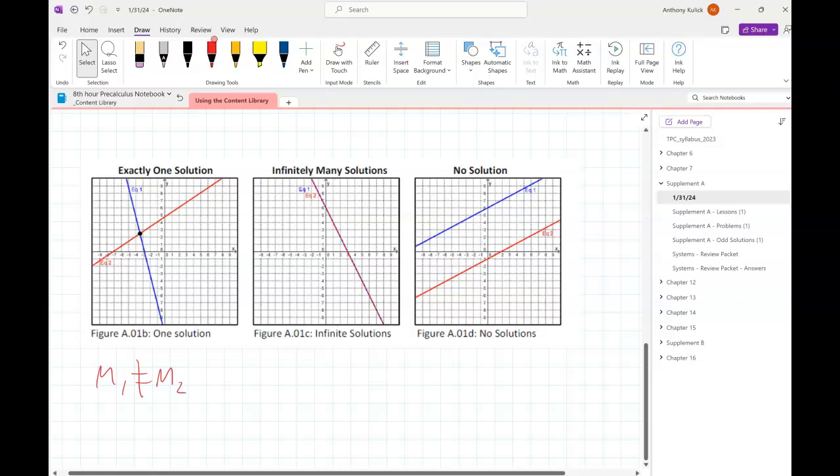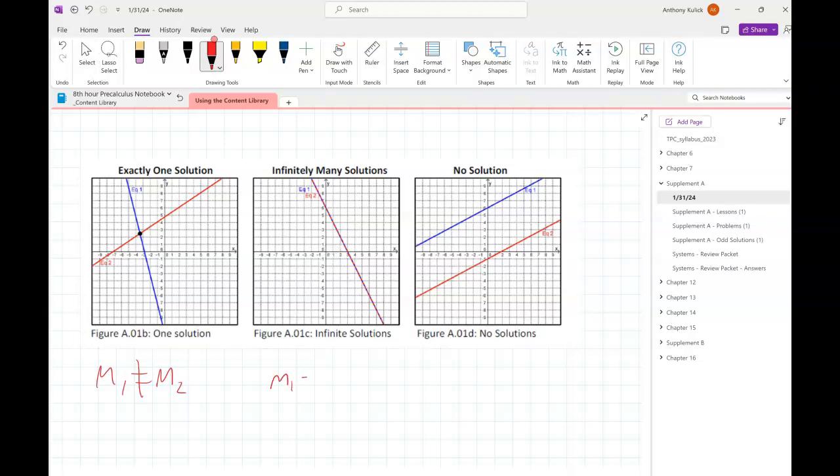Everybody's okay? If I have 2 lines that are just overlapping like this, it meant they're the same line, right? So the slopes have to be the same, and the y-intercepts have to be the same. Everybody good with that? If they're parallel, well, I remember from geometry, parallel lines have the same slope, but they're not overlapping.